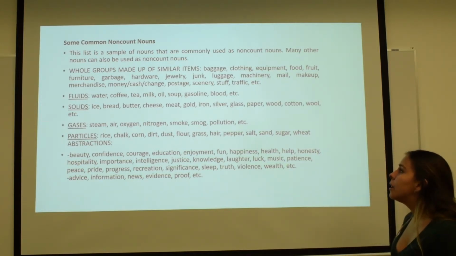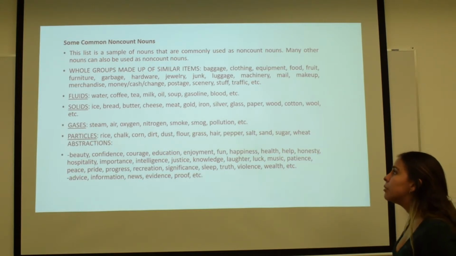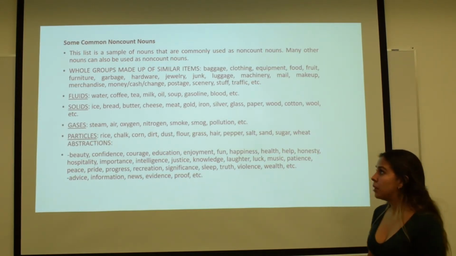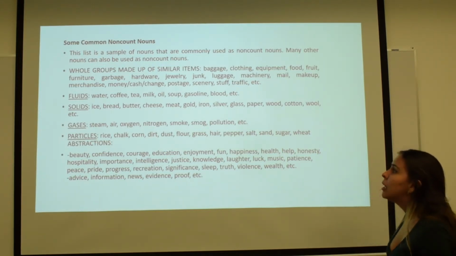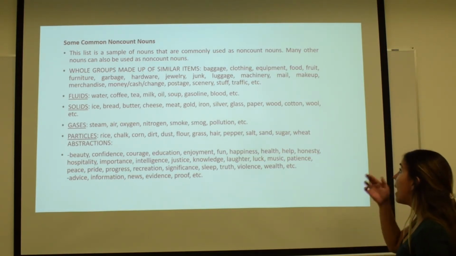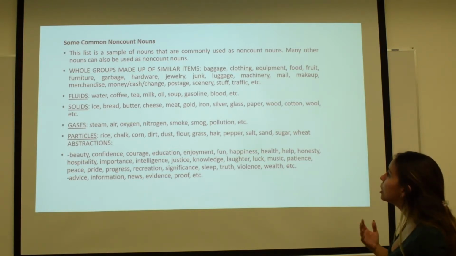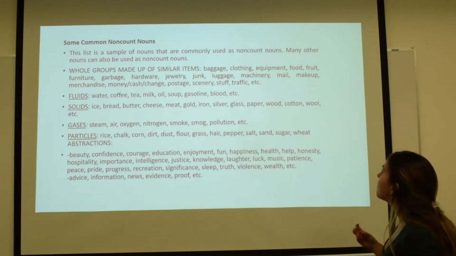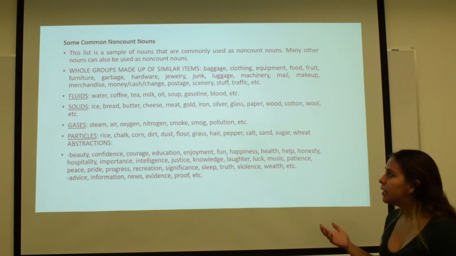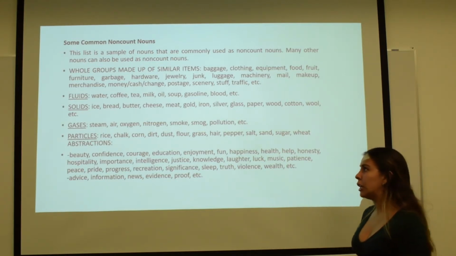Many of these nouns can also be used as count nouns. For example, we have a whole group made up of similar items: baggage, clothing, equipment, food, junk, jewelry, mail. There are a lot of words that we need to learn.